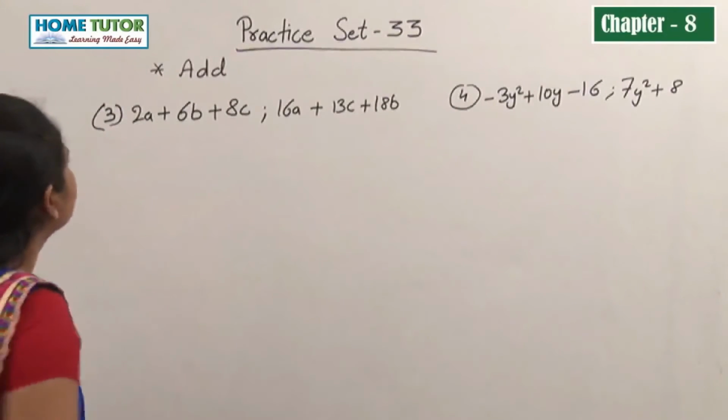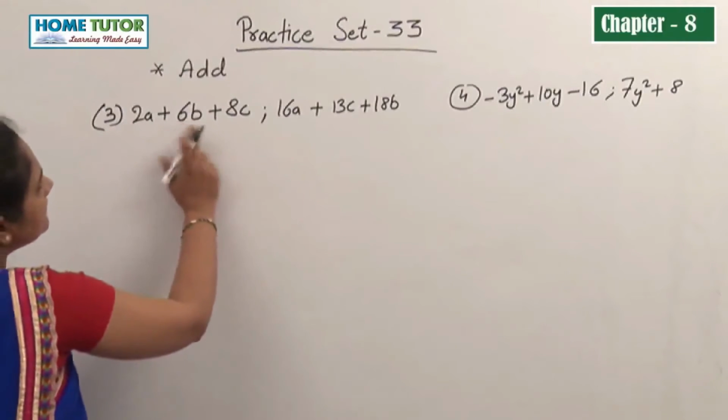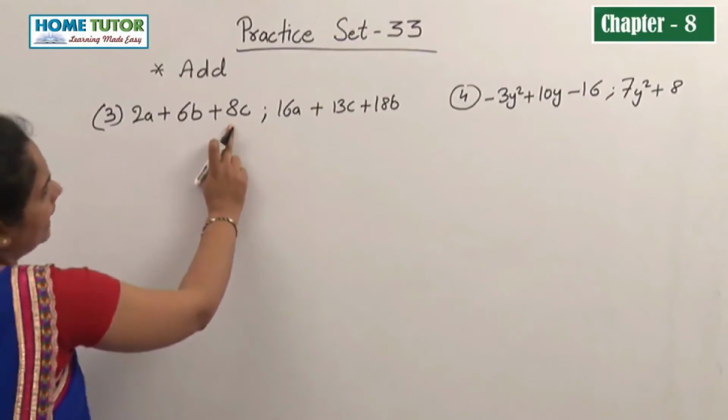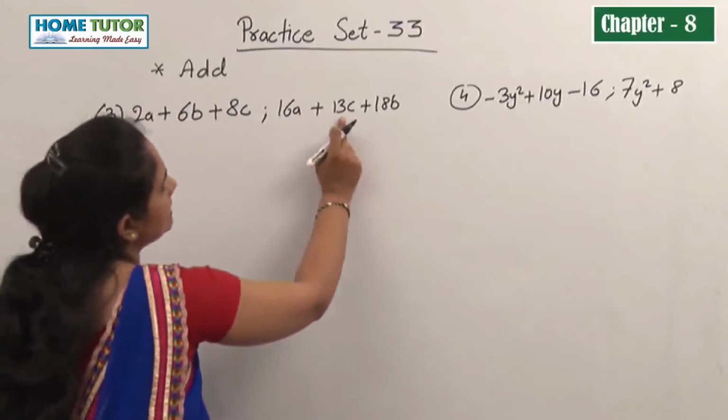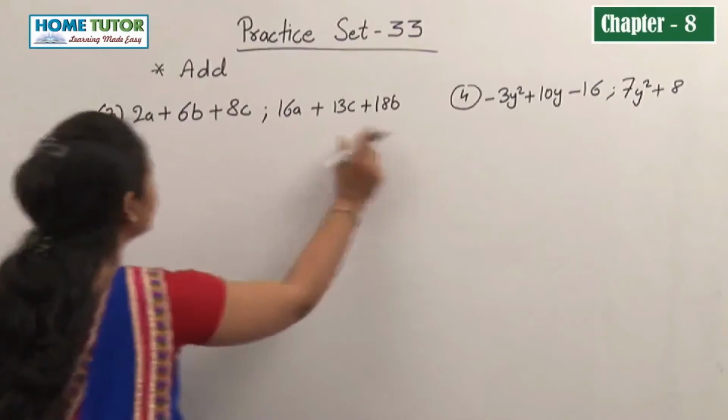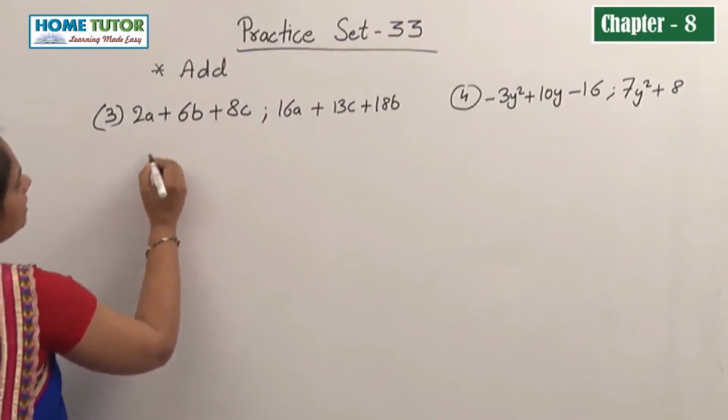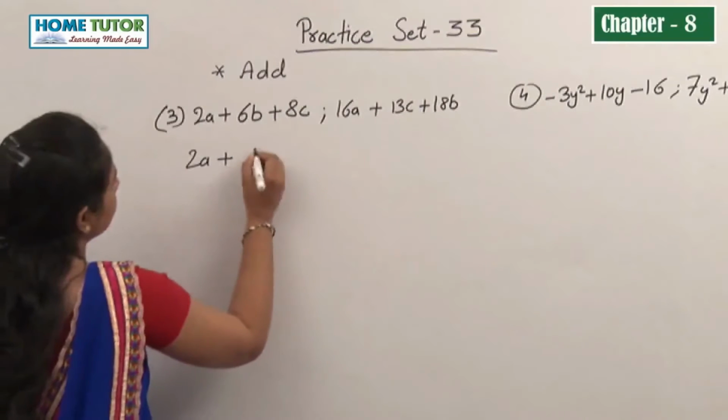Now the next example is 2a plus 6b plus 8c. We have to add this with 16a plus 13c plus 18b. For that we will take like terms together.